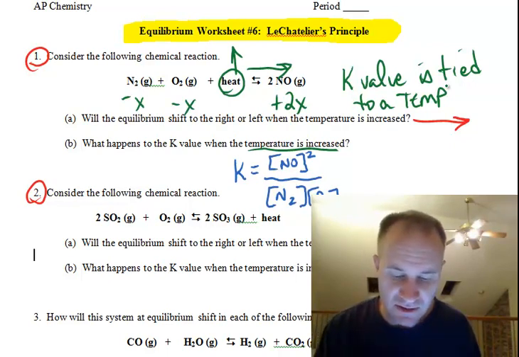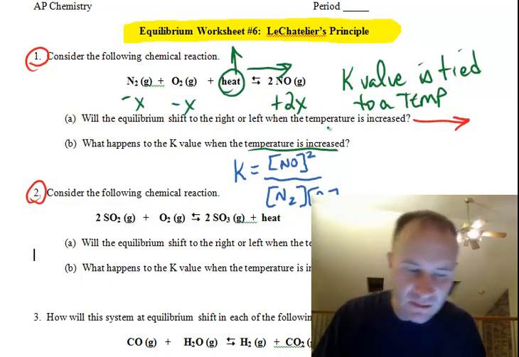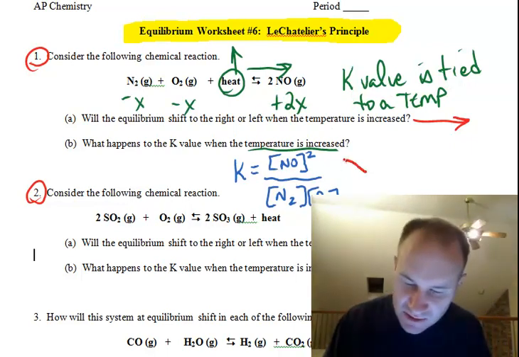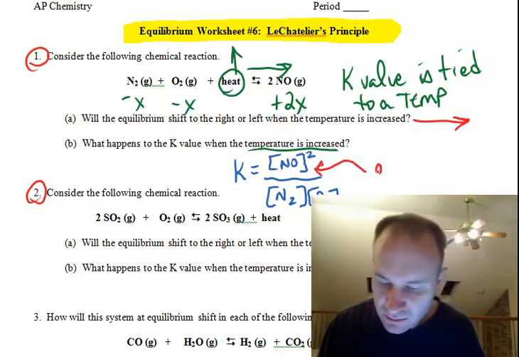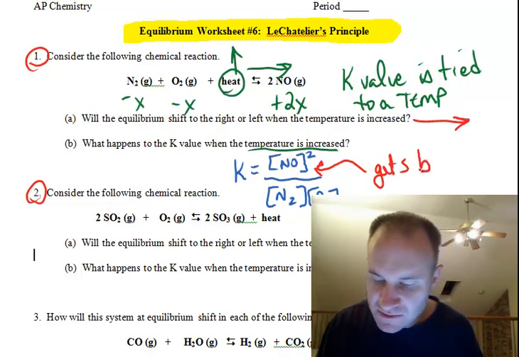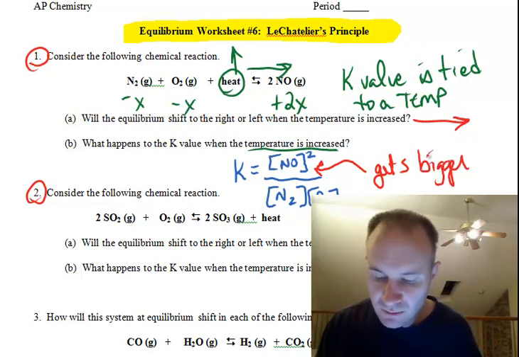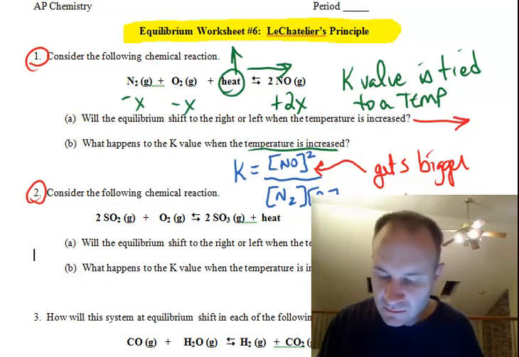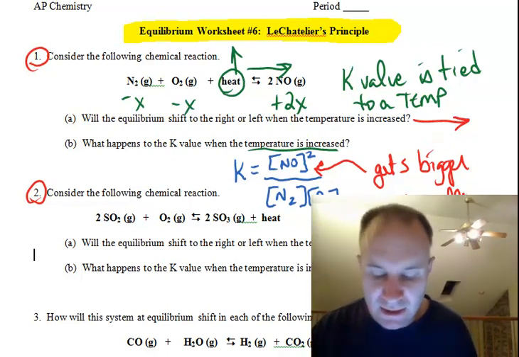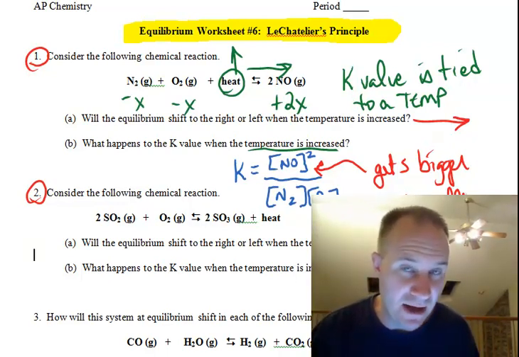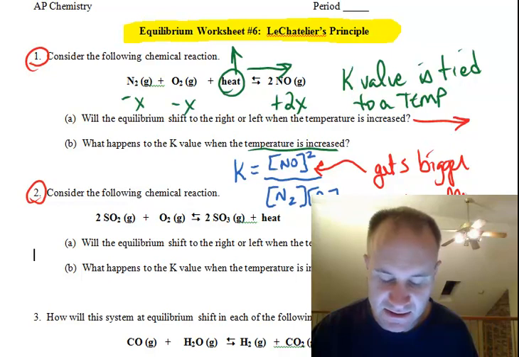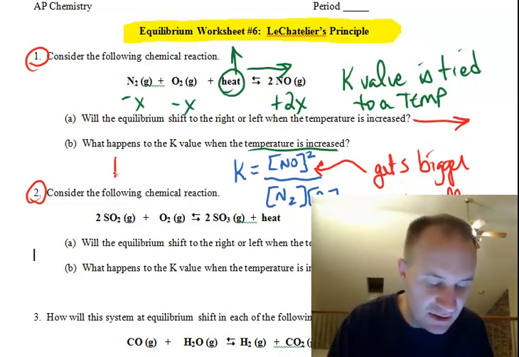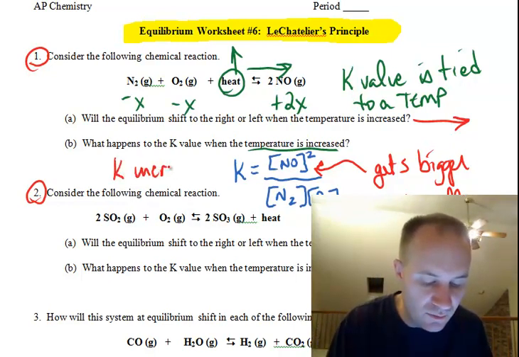So I look at this, and if it's going to go to the right, then what that tells me is that the numerator gets bigger, okay, and the denominator is going to get smaller. And anytime that happens, if we just think mathematically about something such as that, what we're going to see is that the K would be expected to increase.